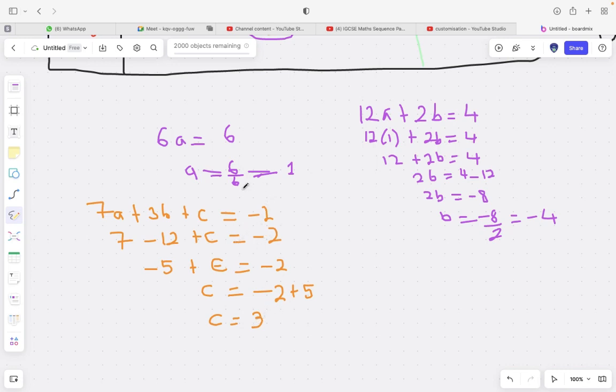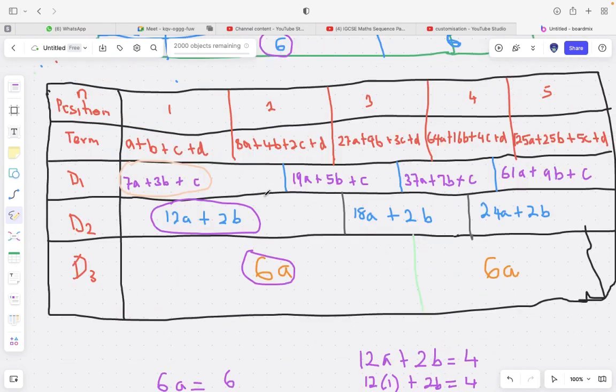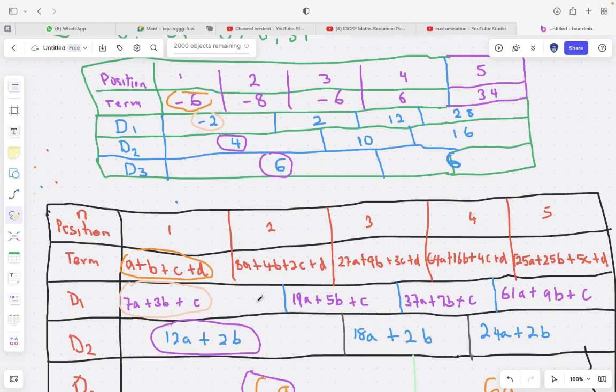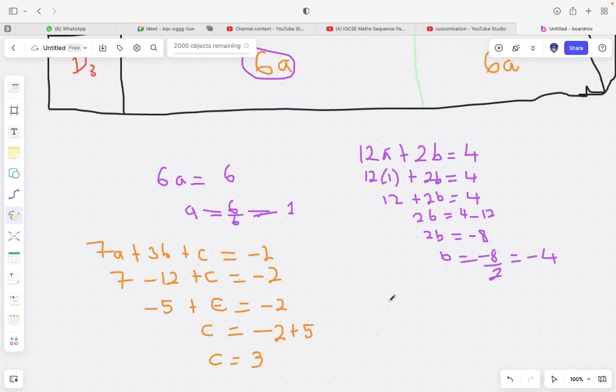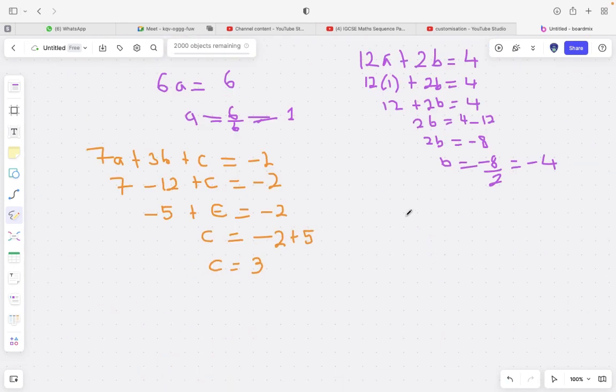Now we're going to find D, the remaining coefficient or constant. D is a constant. So A plus B plus C plus D is equal to -6, equal to this location on the corresponding tables. So let's write that here.